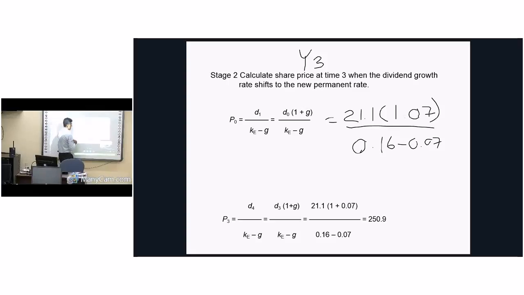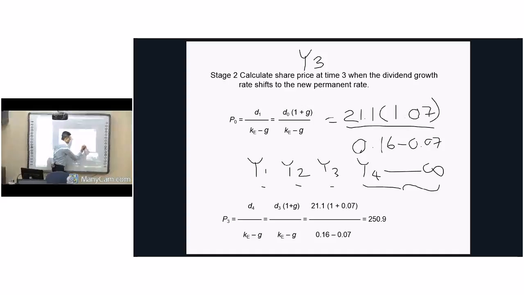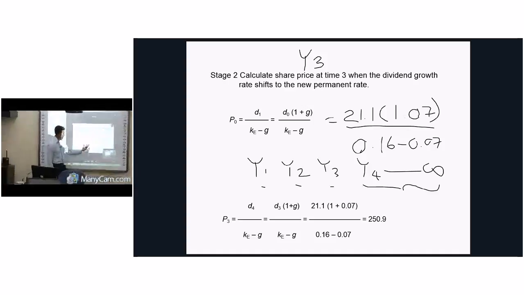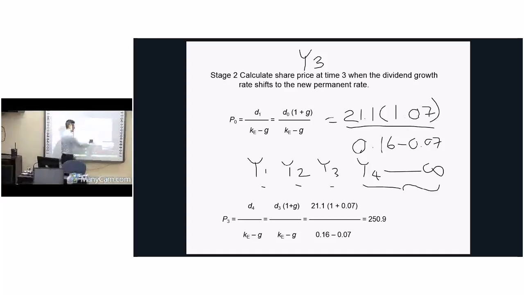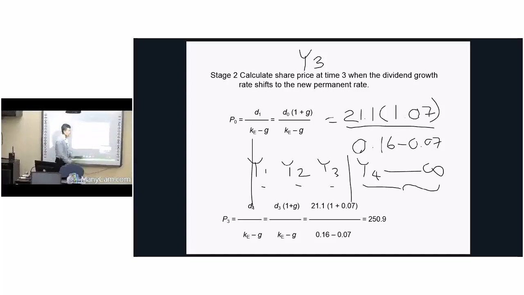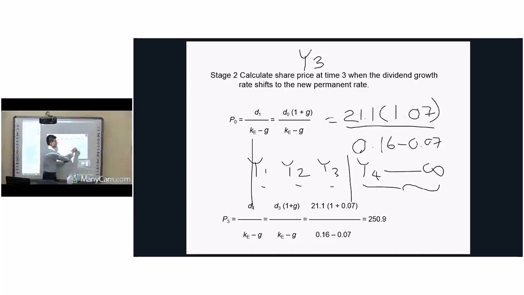Now keep in mind, from year 1, year 2, year 3, we got the figures separately. This is from year 4 to infinity. That is the figure we just arrived at. We calculate these three separately. We calculate this figure by using this equation.